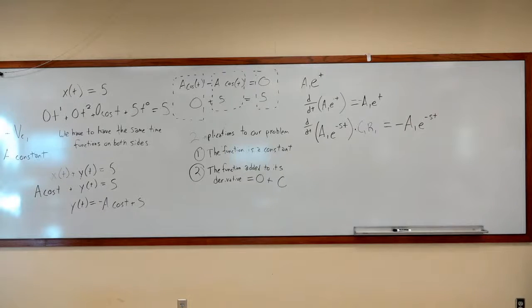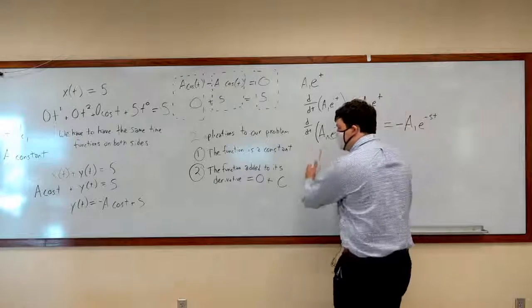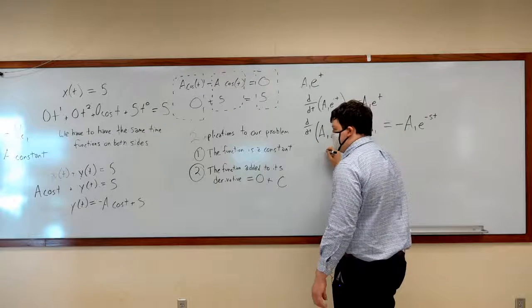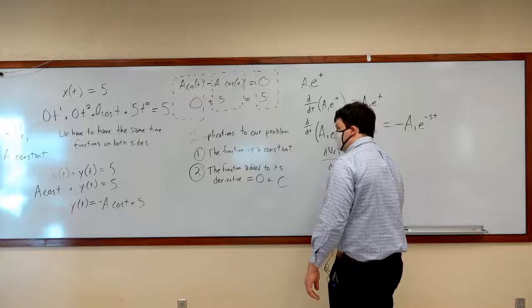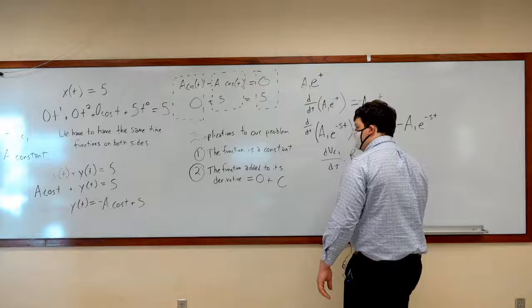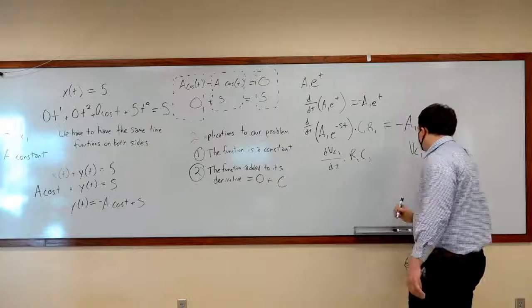Everybody see how I did that? Here, this is dVc1 dt times R1 C1, and this is Vc1.